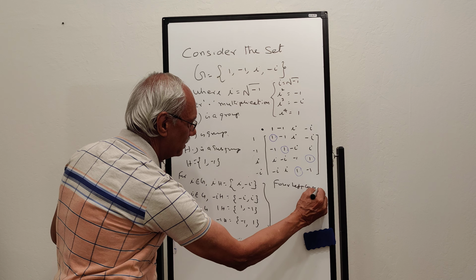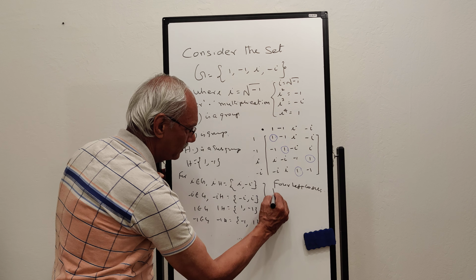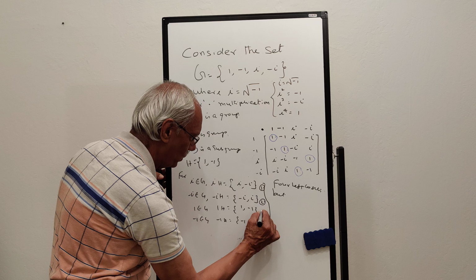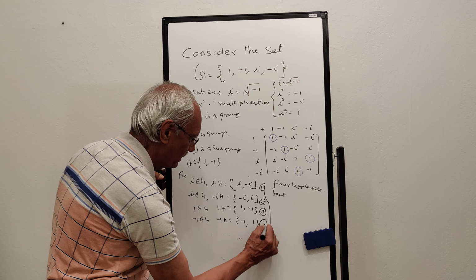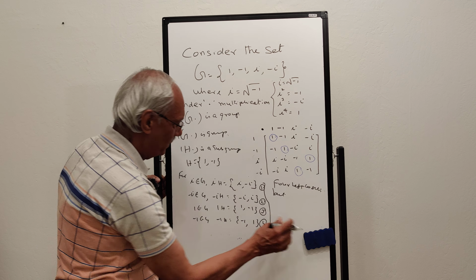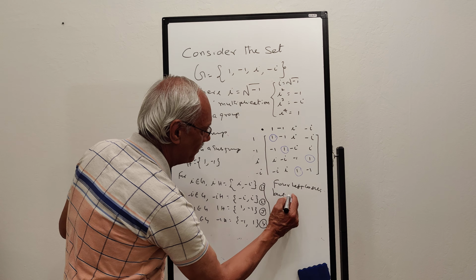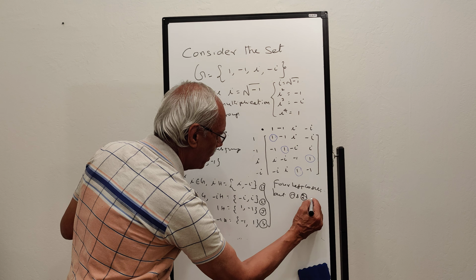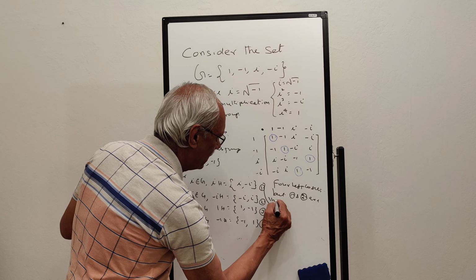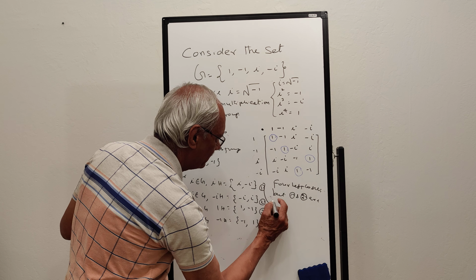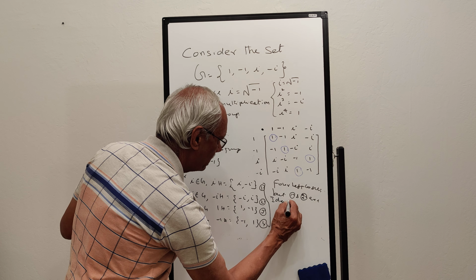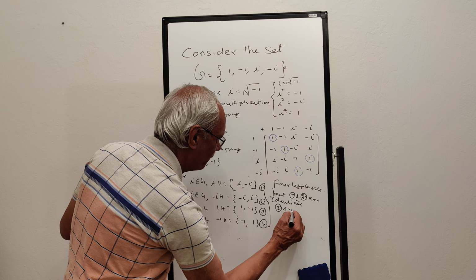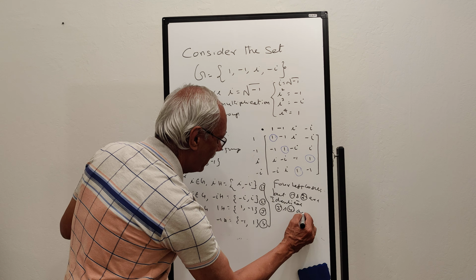But see, call this as 1, call this as 2, call this as 3, call this as 4. But 1 and 2 are the same, 1 and 2 are identical. And 3 and 4 are identical.